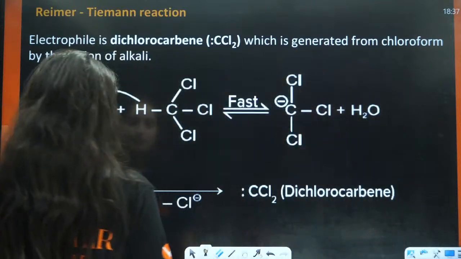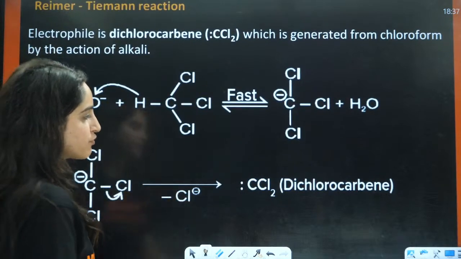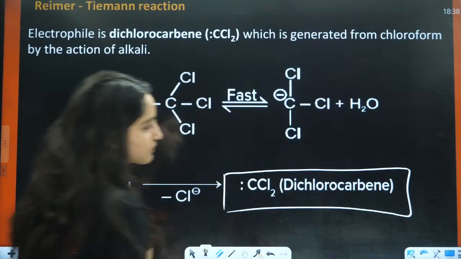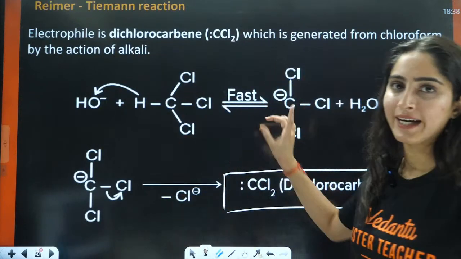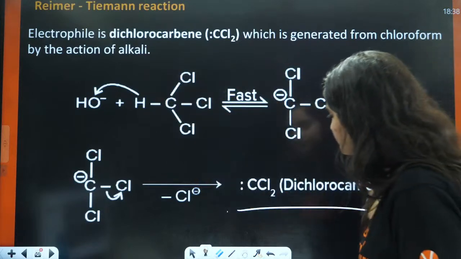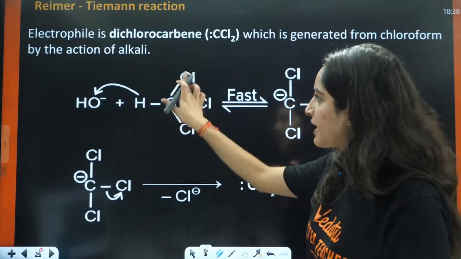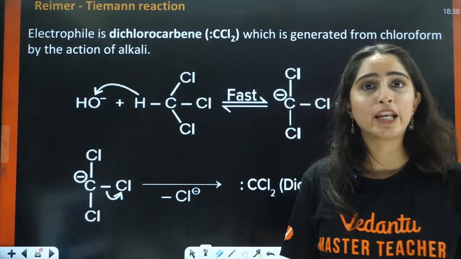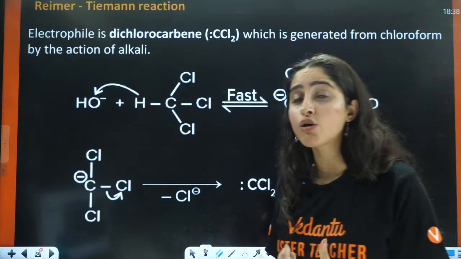So now let us see this. Firstly, let us generate this electrophile, dichlorocarbene. The same thing will be applied in the carbylamine test that we will do in the next chapter. Now see, you have two things, that is CHCl3 and NaOH or KOH. What is the work of a base?